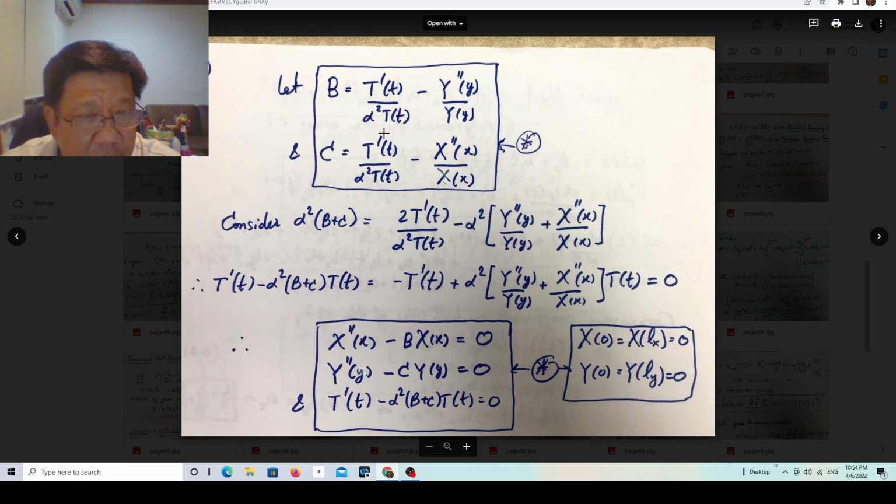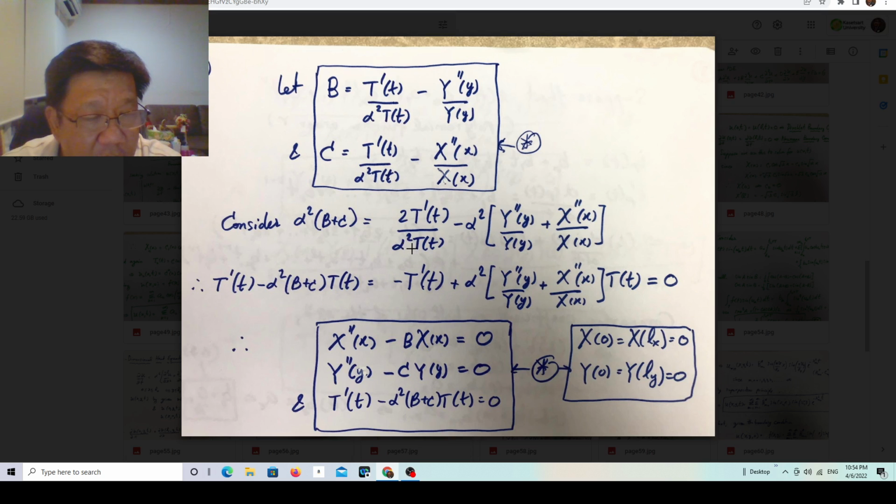But the first term here, once you have alpha square times B plus C, you don't need any of this. Alpha square over here becomes 1. So alpha square here is only 1.